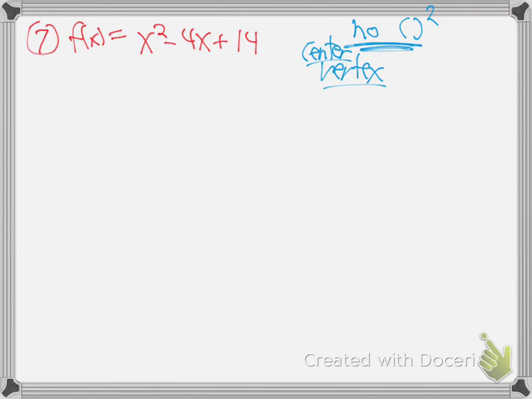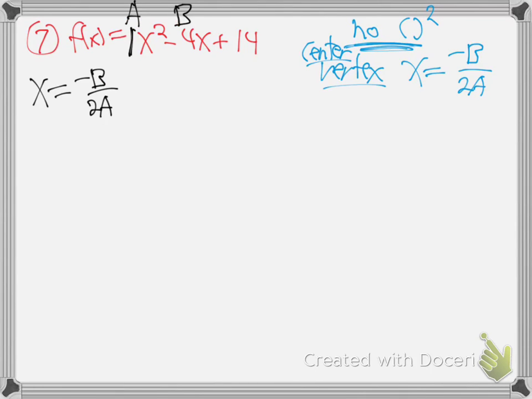Well, the way you find it is x equals -b over 2a. It's kind of like the outside of the quadratic formula. So you got to do that first. So x is -b over 2a. Now what's that? Well, a is 1, b is -4. So -b is... let me change the color to make that more clear.